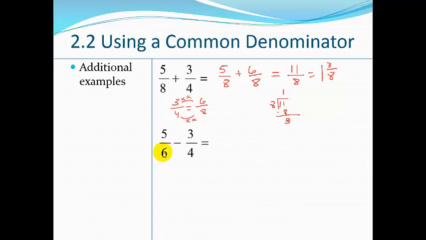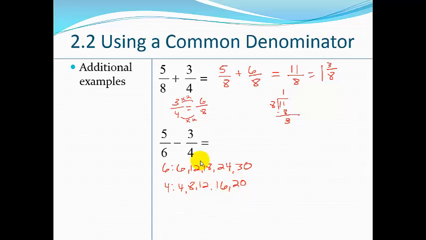And then let's take a look at this one, 5/6 minus 3/4. Again, I'm finding my least common denominator, so I'm going to list it out. 6, 12, 18, 24, and I'll just go ahead and put the 30 there. And then 4, 8, 12, 16, and 20.